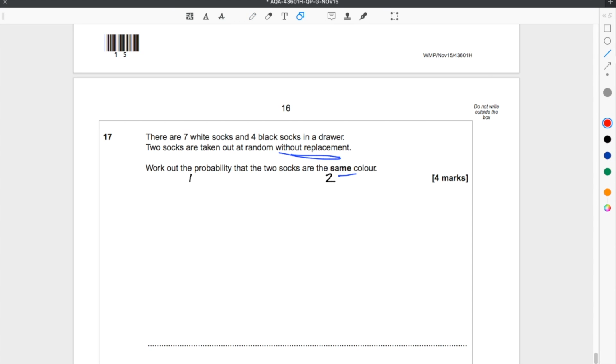And then if we draw out the diagram, here would be our first branch. And this would be our second branch.